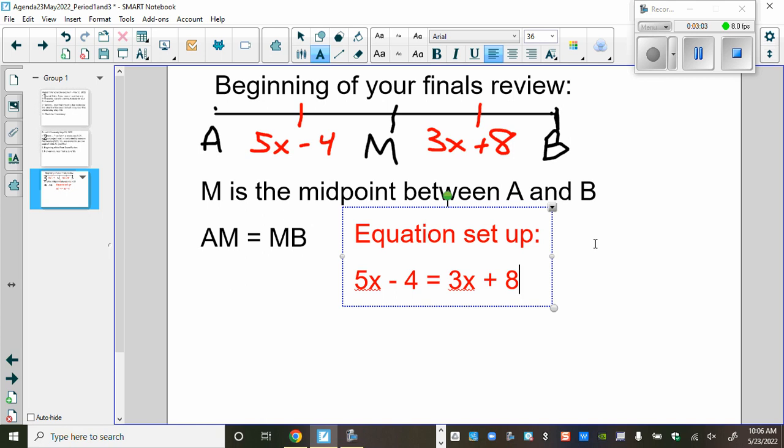What a lot of this is about is setup, solve. Once you get the setup, then the solving's easy. All right, so far, any questions?